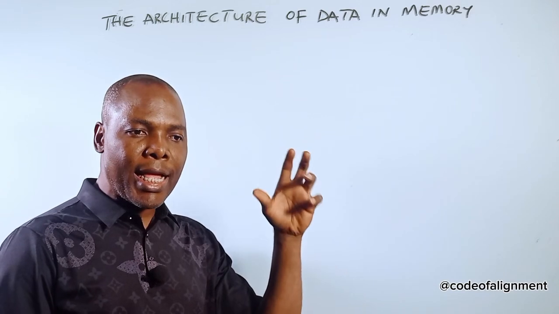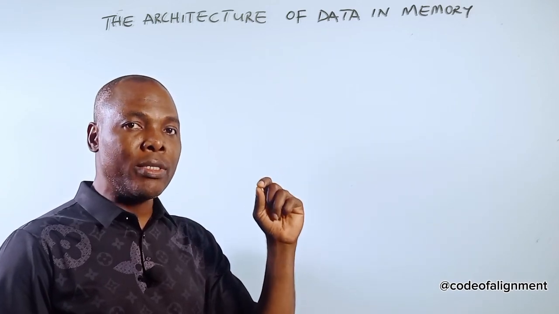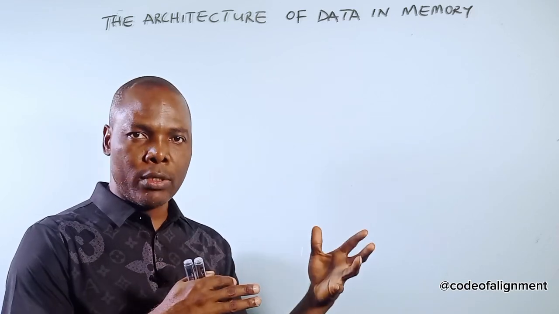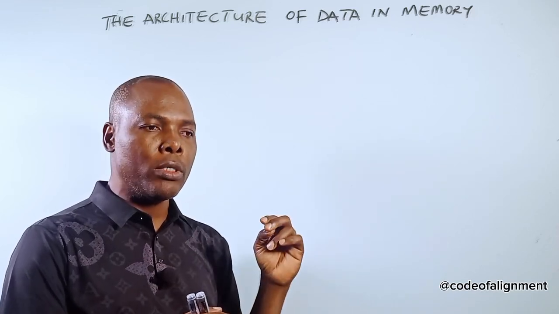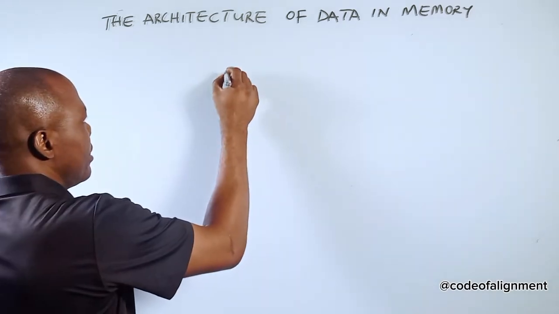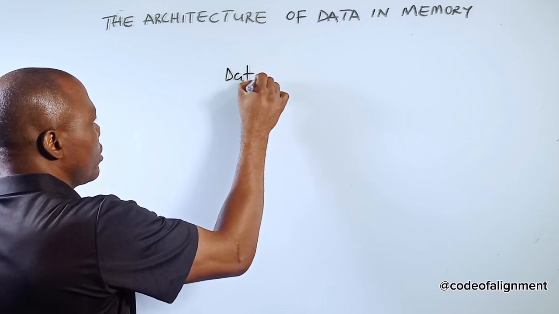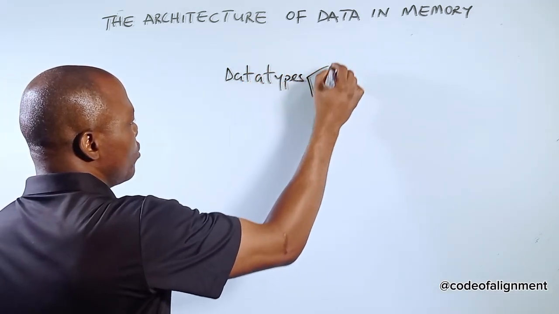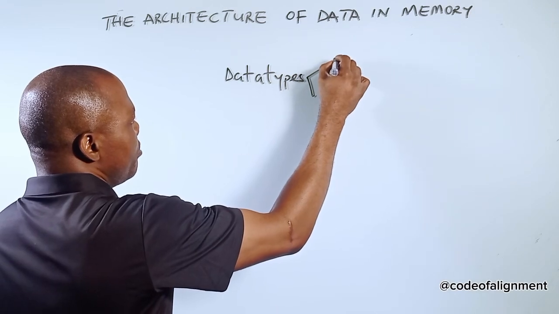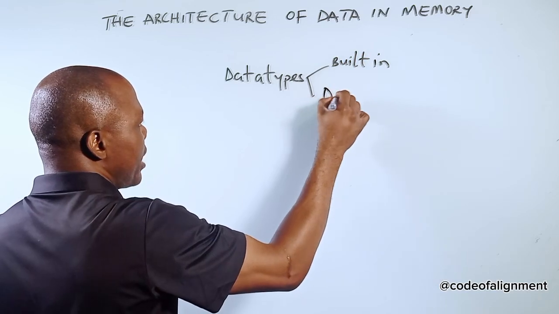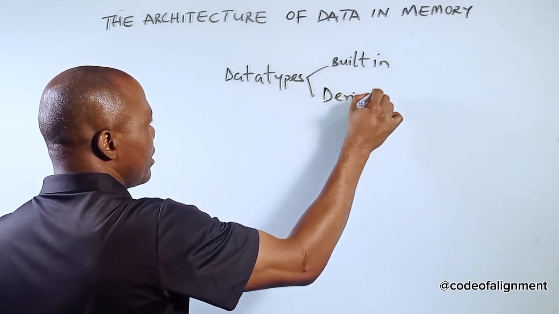Now, in this class, I am also going to tell you the difference between data type and data structure. Students often confuse these two terminologies. In the last class, I told you that data types are divided into built-in and derived. I gave you examples such as integer, float, and char.